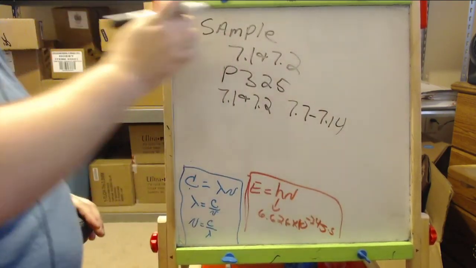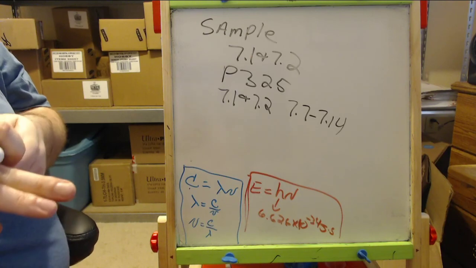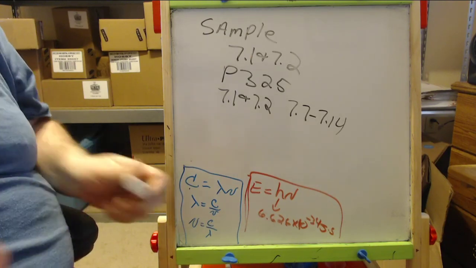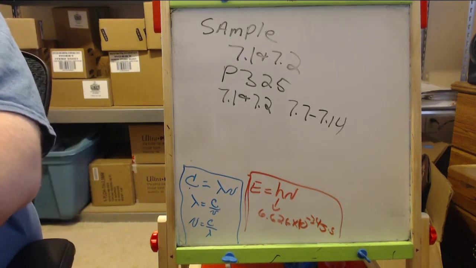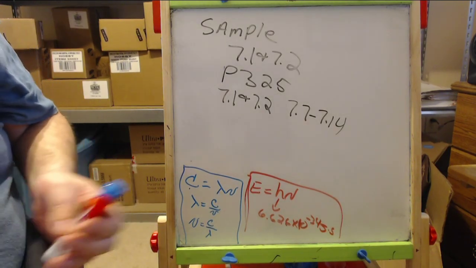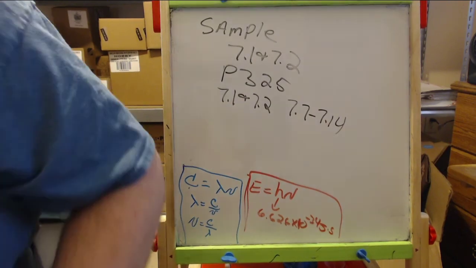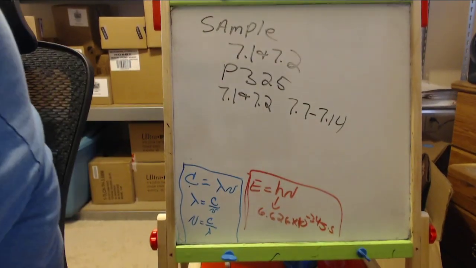All right, so sample problems 7.1 and 7.2 on the slides. Page 325, 7.1 and 7.2, 7.7 to 7.14.